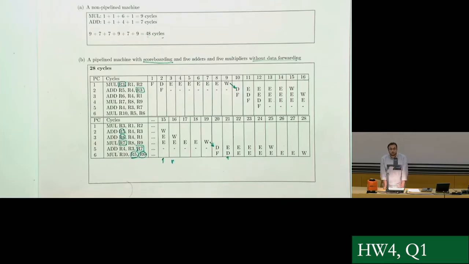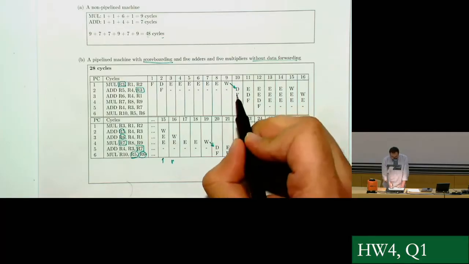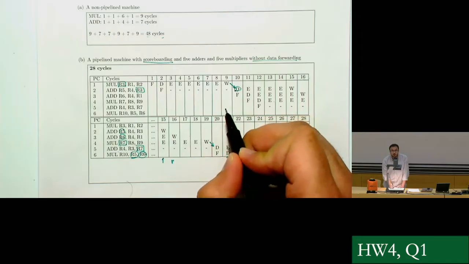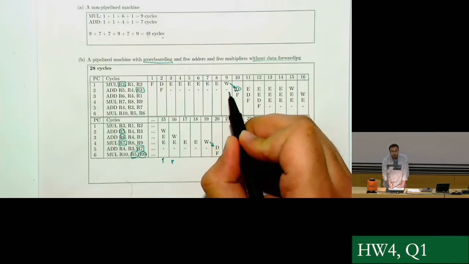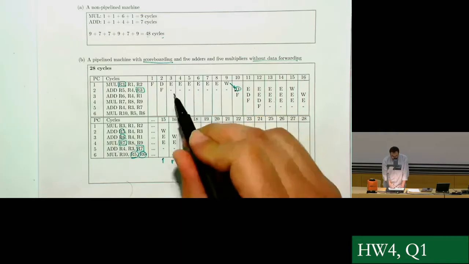Yes? Why can't you decode the following instruction while the other is executing? Why can't I decode the second instruction that is dependent? So this decode goes to where in your question? The ninth? Third column here?